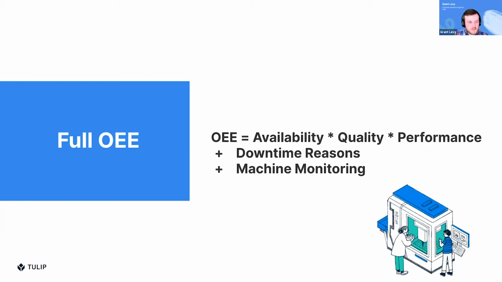So we can use that machine to give us real-time signaling of when it's down or not running or producing parts, and we can use that data to automate the collection of all of this. And again, that alleviates the need for any kind of transcription of shift data.